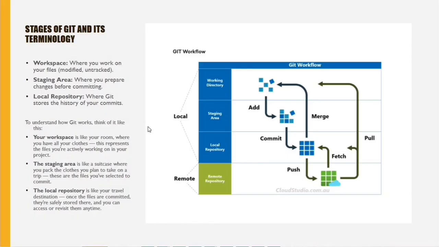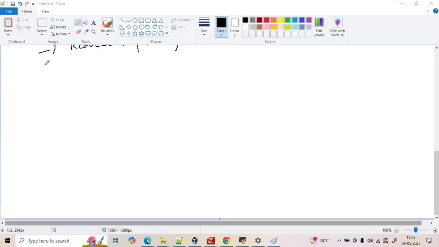Let's understand this with the help of a small diagram to make it more clear. Git stages. There are 3 stages.